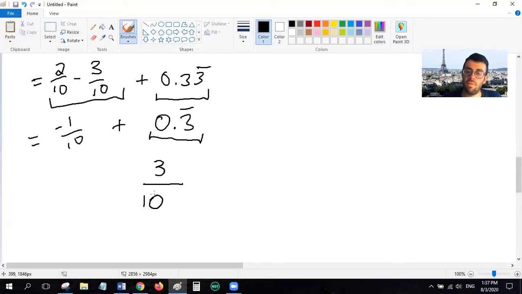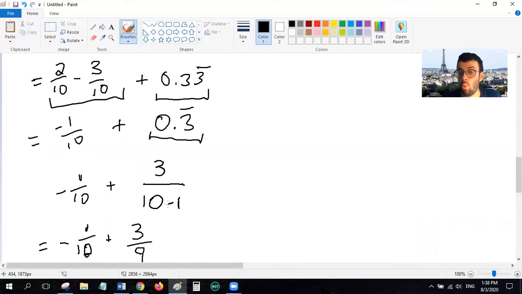In order to account for the bar being there, we're going to subtract 1 from our denominator. And so we have -1/10 plus 3 over 10 minus 1, and -1/10 plus 3/9.